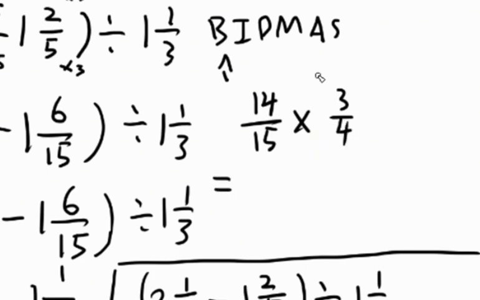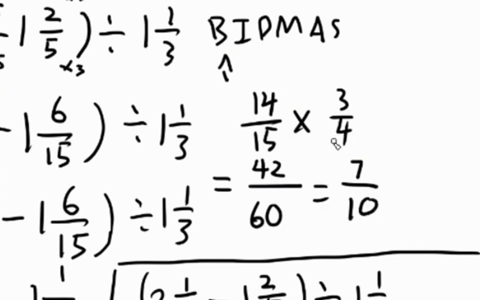So this would equal 14 times 3 equals 42, and 15 times 4 equals 60. And when we simplify this, we can simplify this by 6. So 42 divided by 6 equals 7, and 60 divided by 6 equals 10. So in this question, there are 3 ways to solve this.